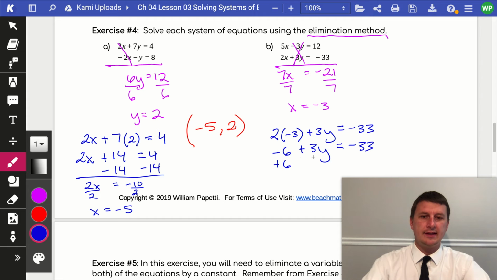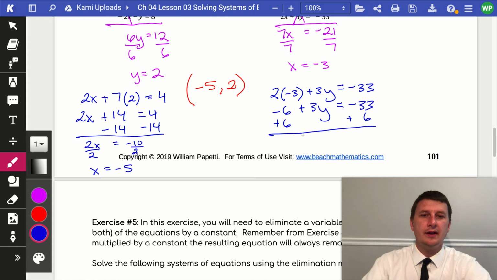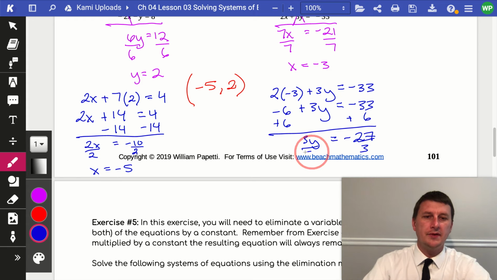And I'm going to add 6 to both sides of my equation, and I will have 3y is equal to negative 27. Finally, I will divide by 3 on both sides, and I will arrive at a y value of negative 9.